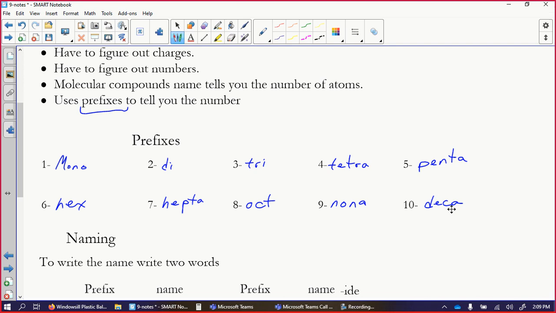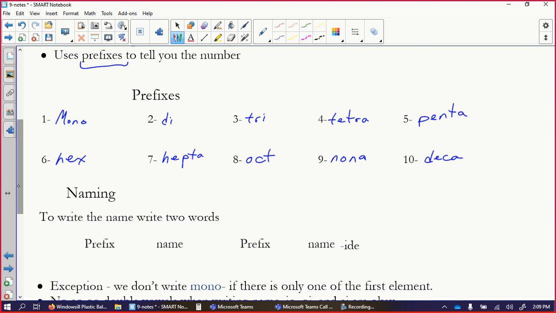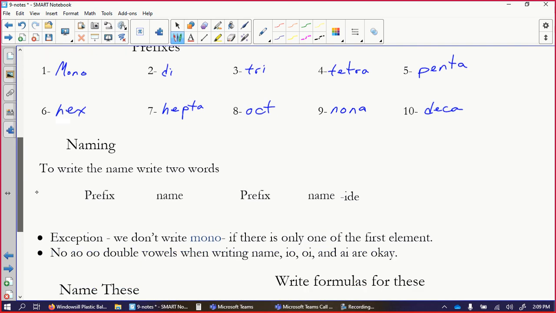There are ones for the numbers after that, but you rarely see a molecule that is going to need these, and if you do, they're fairly specialized, and you will be doing that sort of chemistry. So, writing a name of one of these is the prefix and the name of the element.